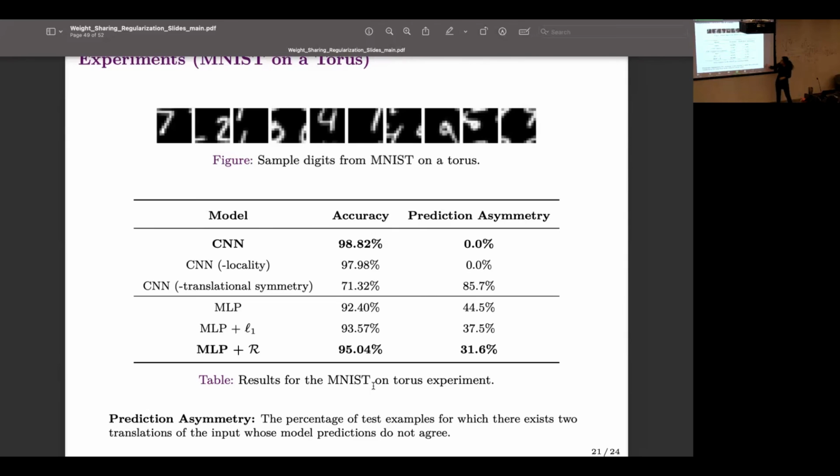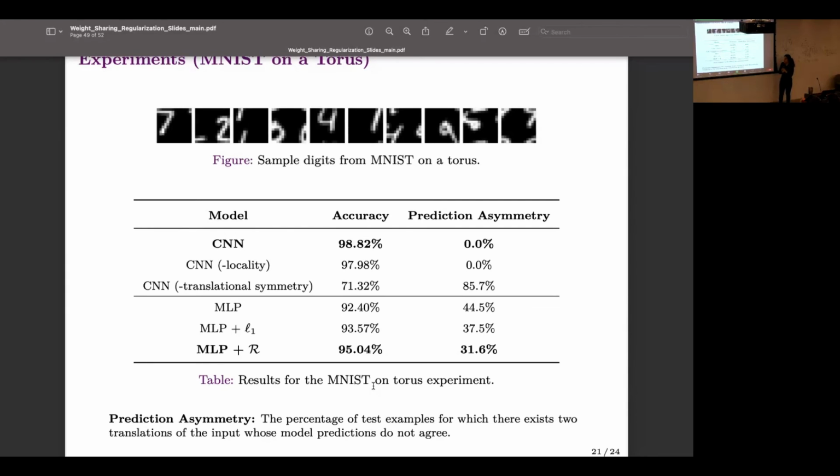We see that CNN gets a very good accuracy and very good prediction asymmetry. We have a significant decrease in prediction asymmetry and an increase in accuracy compared to MLPs. But the point of the experiments is where we change the data: the same dataset, but we permute the pixels with a random permutation matrix.